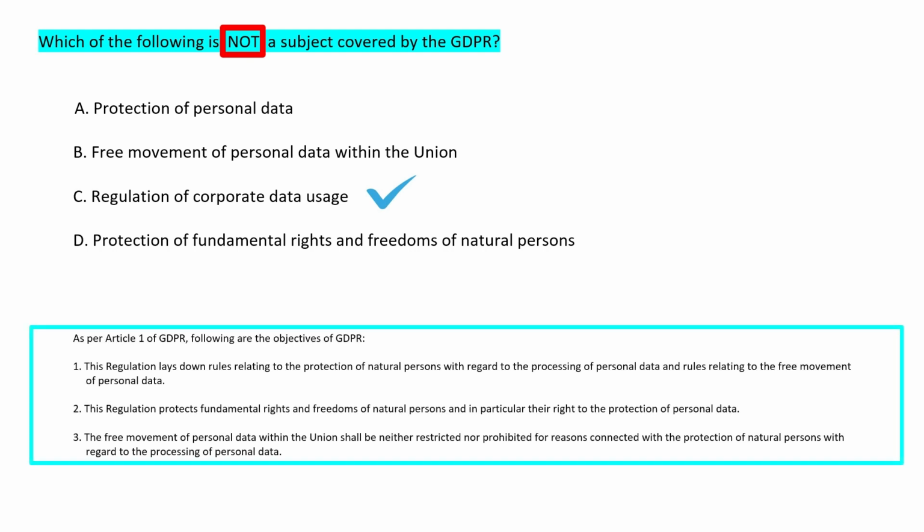Article 1 defines the objective of GDPR, which includes protection of personal data, free movement of personal data within the European Union, protection of fundamental rights and freedoms of natural persons. However, please note, regulation of corporate data usage is not the objective of the GDPR.